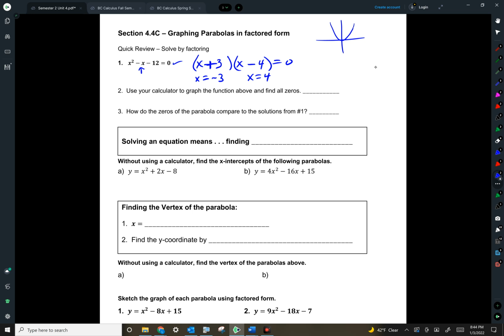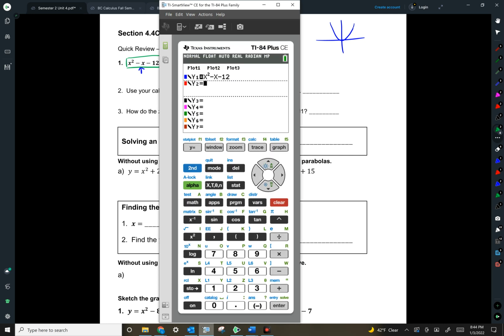Well, number 2 says use your calculator to graph the function above and find all zeros. So what I'm going to do is put in just this part, x squared minus x minus 12. If I graph this, there's my parabola.